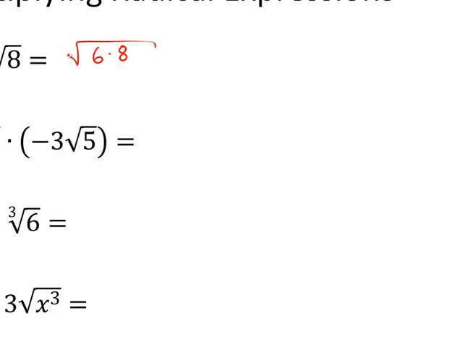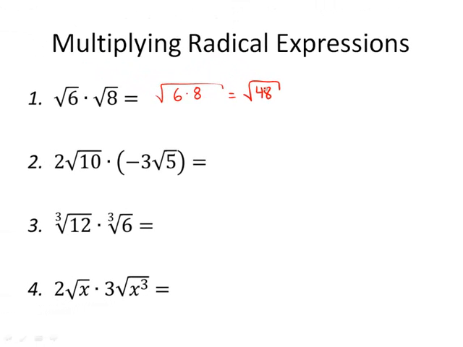So we looked at this property in a previous video where the root can split over multiplication. So once we've multiplied, here we get 6 times 8, which is 48. So this is the same as taking the root of 48.